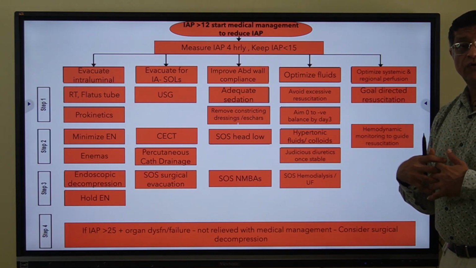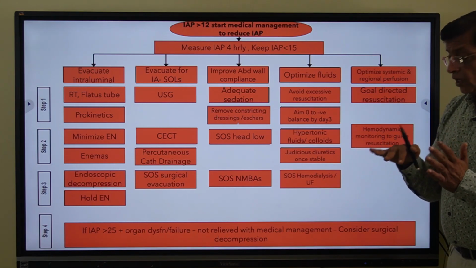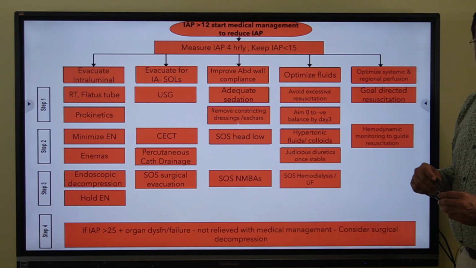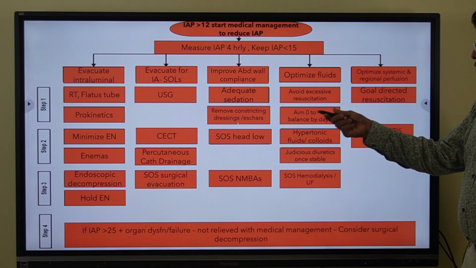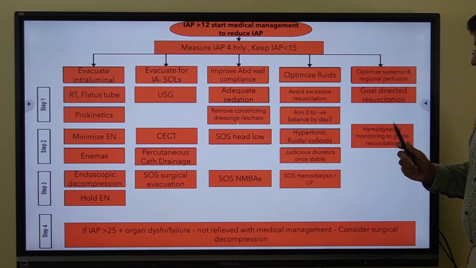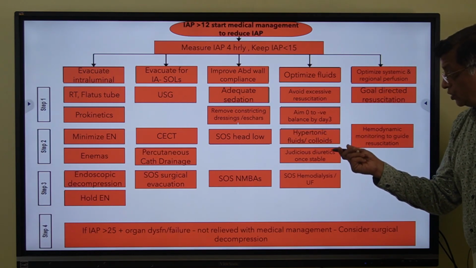So after initial moderate fluid resuscitation for 48 hours, gradually reduce the fluid resuscitation so that the patient is at zero or negative balance by day 3. You can use hypertonic fluids now or even colloids.